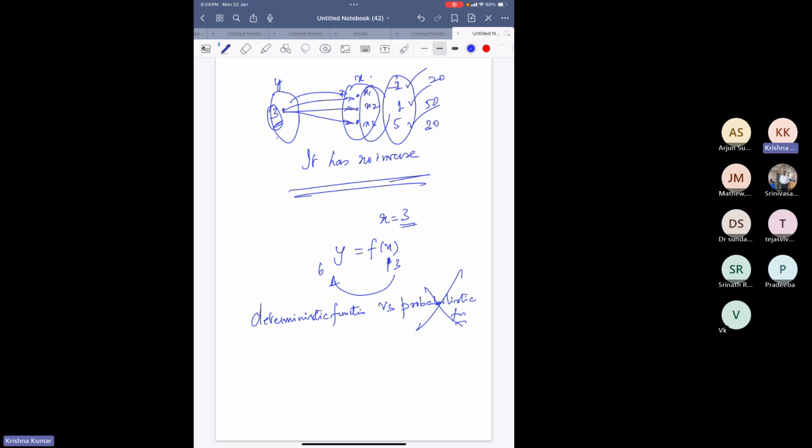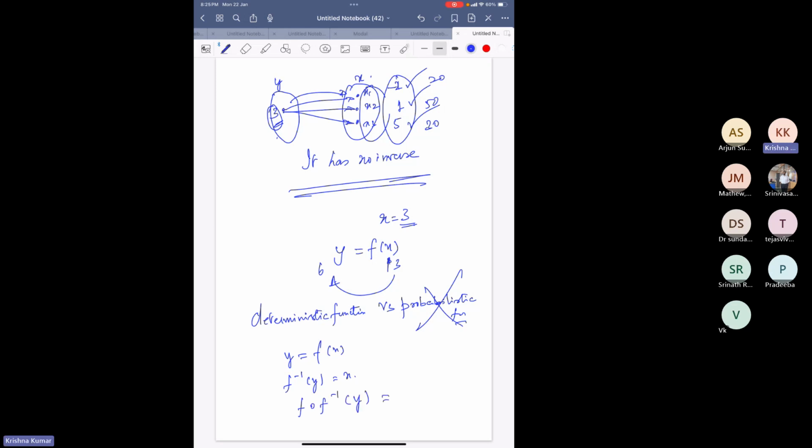Yes. So we can say function of x is y. So then f inverse of y. Okay, so now I can have a composite function of f inverse of y.